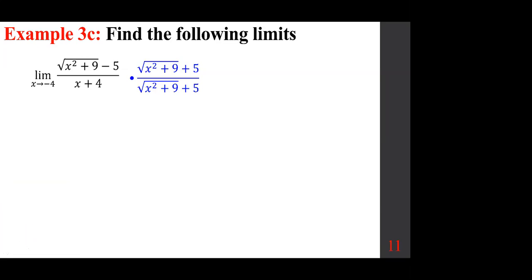When you multiply the two, you get x squared plus 9, because it comes out, minus 5 squared. So you get x squared plus 9 minus 25.